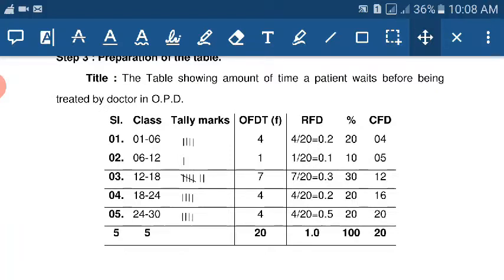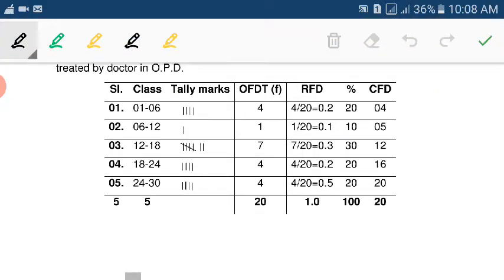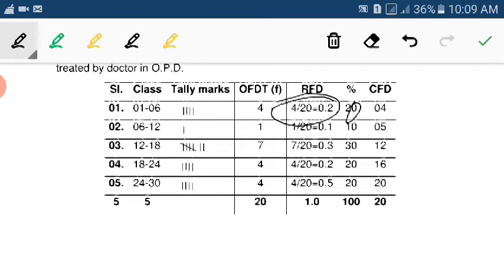Then this is the relative frequency distribution and the cumulative frequency distribution. In the relative frequency distribution we use percentages, and in the cumulative we add the next frequency and the previous frequency. So thank you so much.